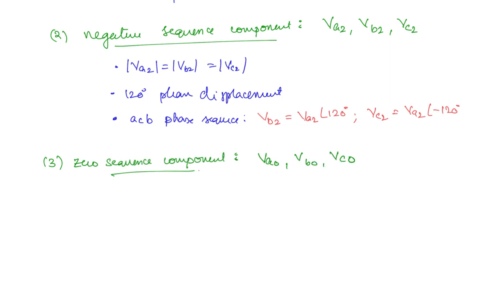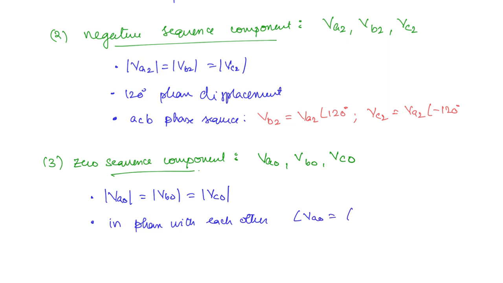Here all of them are equal in magnitude, VA0 is equal to VB0 is equal to VC0, but there is no phase displacement. They are all in phase with each other. That means angle VA0 is equal to angle VB0 is equal to angle VC0. So these are the three symmetrical components.